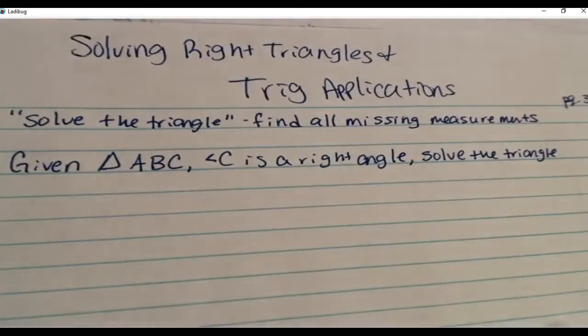So, today, and from here on out, sometimes it won't give you the actual triangle. It'll just give you measurements.